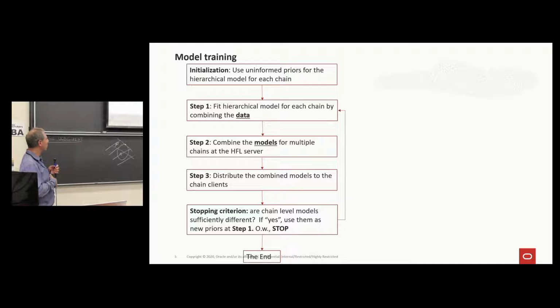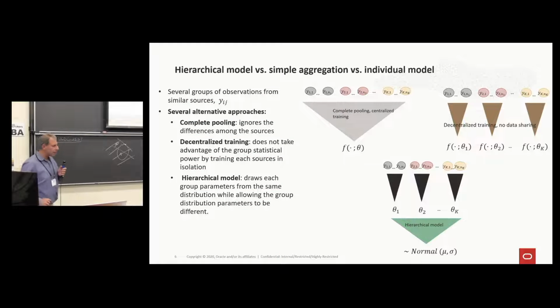At one level, we fit the hierarchical model, collecting the properties from the same chain, from the same owner. And then on top of that hierarchical model, we combine them using federated learning. Next, Recep will take over and explain how hierarchical modeling works. I will step aside.